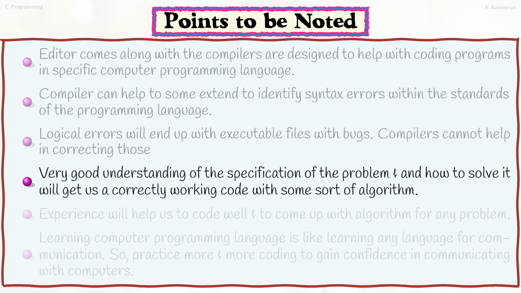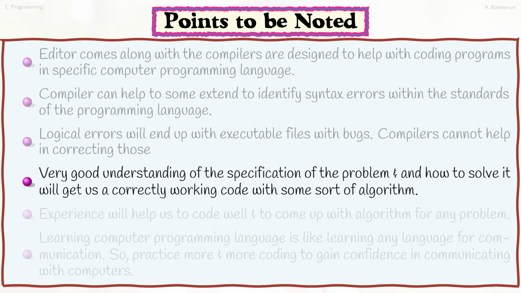A clear understanding of the specification of the problem and how to solve it is a must to instruct the computer to solve it through programs. If we do not know how to solve the problem, then it is impossible to come up with an algorithm and hence any sort of working code to correctly instruct the computer. For instance, linear algebra is widely used in data processing and to solve many scientific and engineering problems.